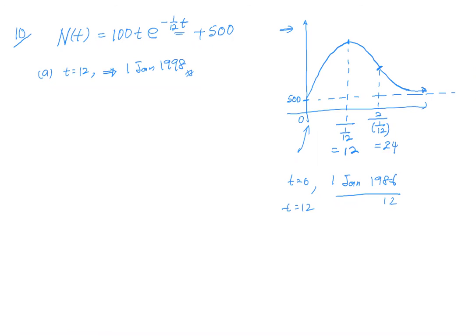So what is the maximum population of the cheetah that will be reached? So what is the maximum here? You have the formula with you? You must remember this one, you have to plus 500.